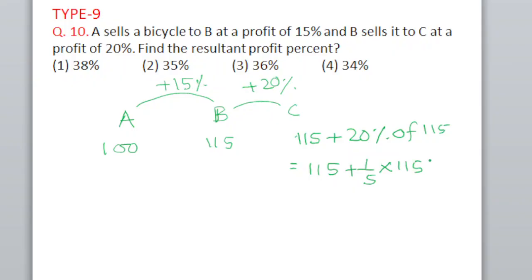So that is equal to here, 5 2s are 10, 5 3s are 15. So that is equal to 115 plus 23. So that is equal to 138. Now we have to find out the resultant profit percent.